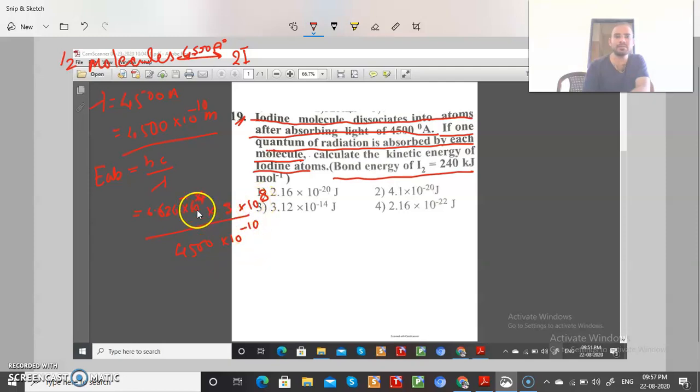The meters will cancel out and the answer will come in joule. So how much is the answer coming, student? It is coming 4.417 into 10 power minus 19 joule. This is the total energy.